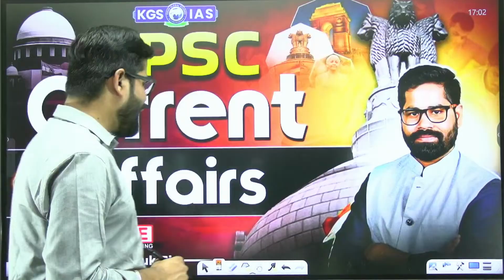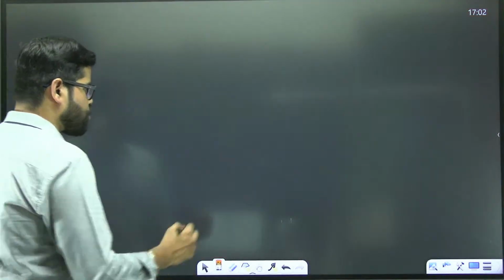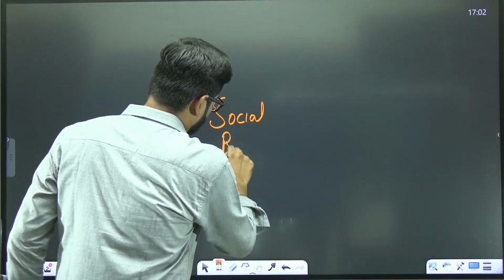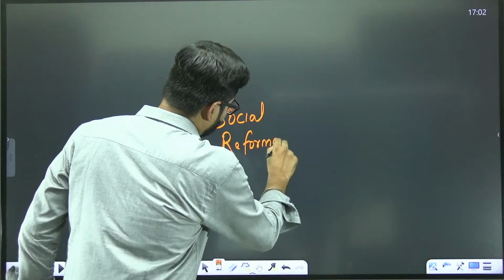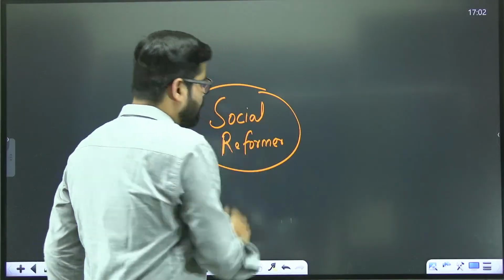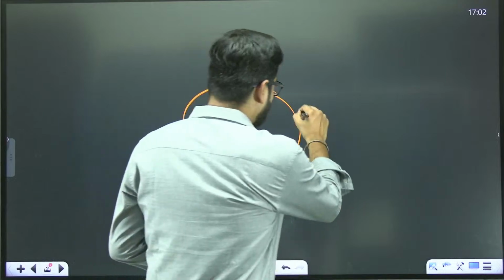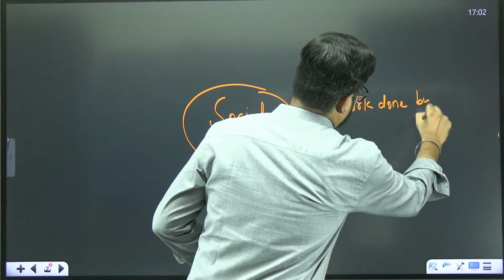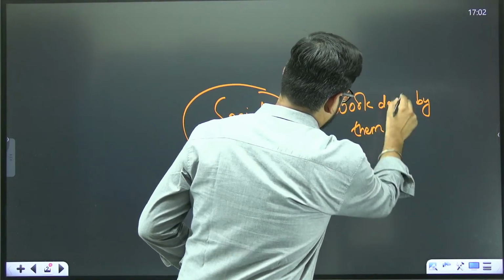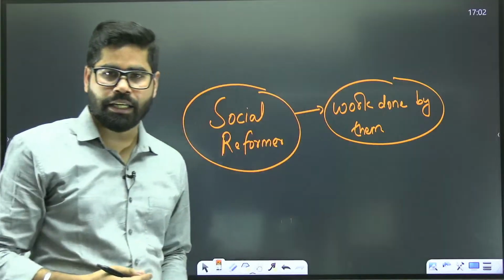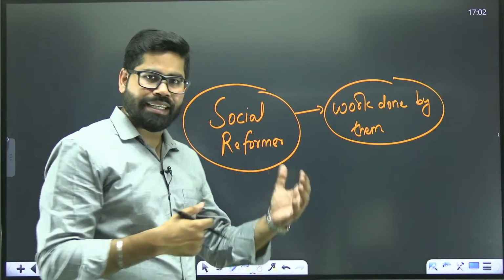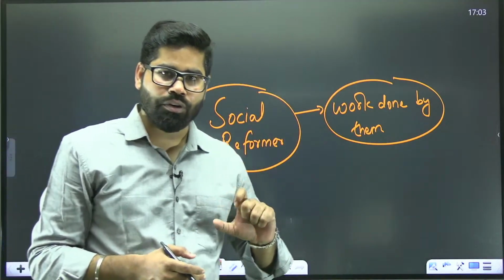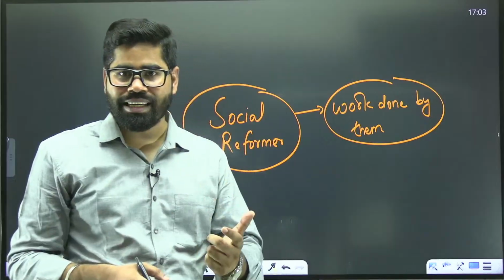Okay. So let us say we have any social reformer, and we want to prepare a theme related to them for UPSC. So what you can do is work done by them. The first thing is what work has been done by them. Second part is many a times you will find that these people have also been involved in bringing out various types of newspapers or magazines or books.